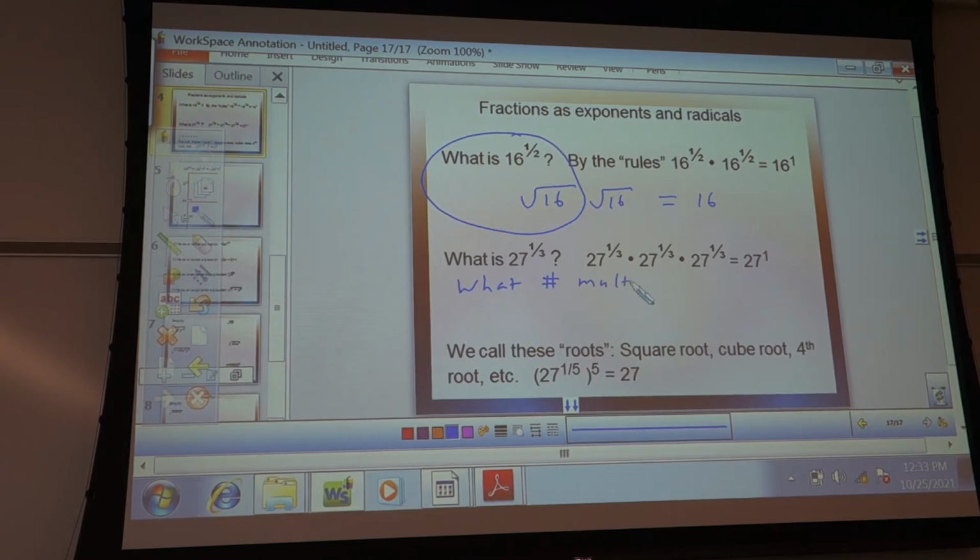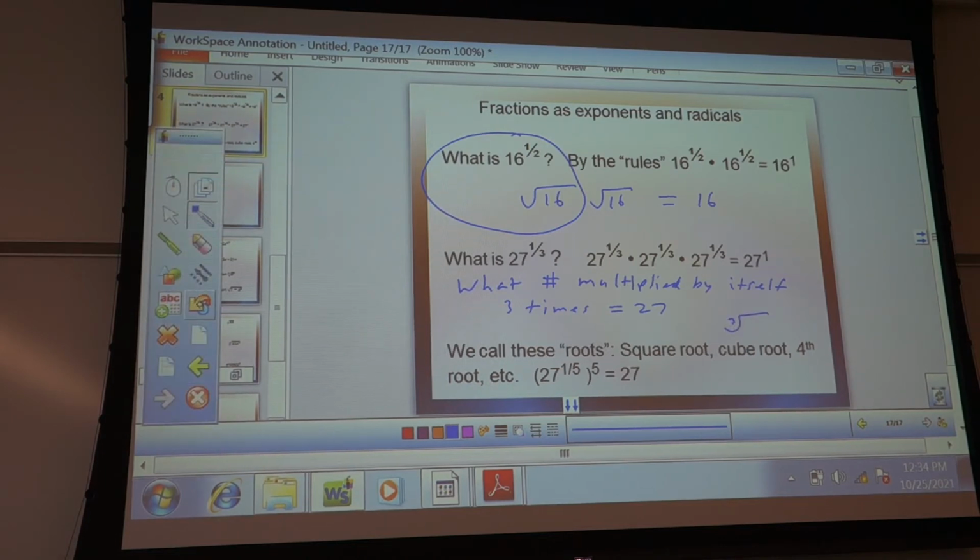So this is what number multiplied by itself 3 times equals 27. Right? And it's the same thing as the cube root.